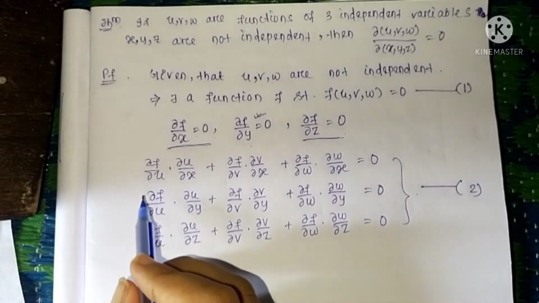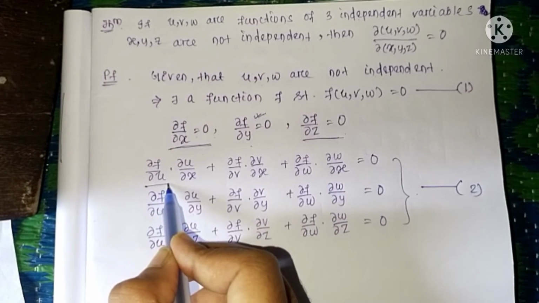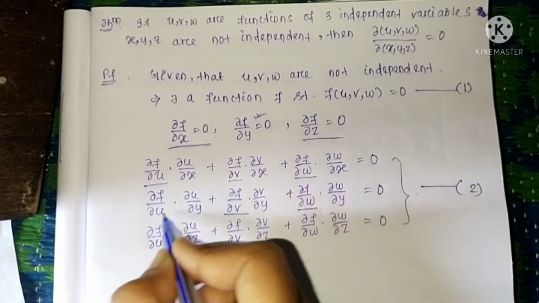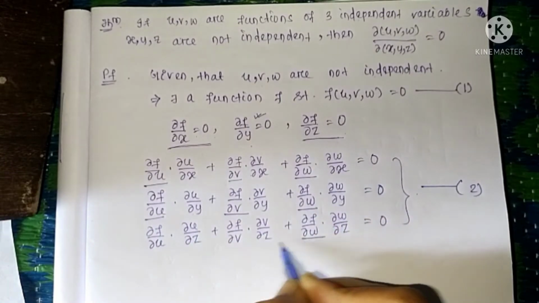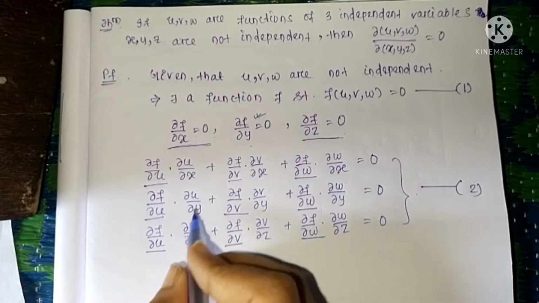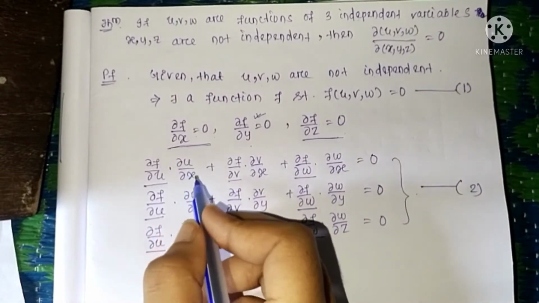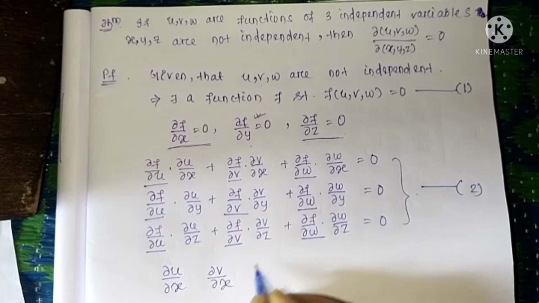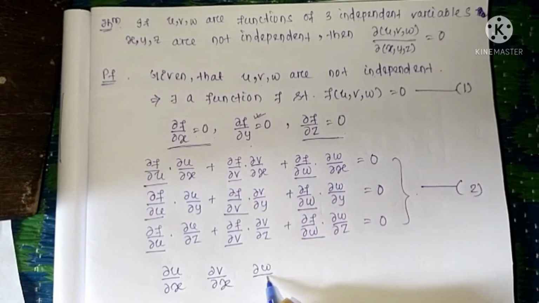Then by eliminating del f by del u, del f by del v and del f by del w, we write it in determinant form. So we get del u by del x, del v by del x, del w by del x.